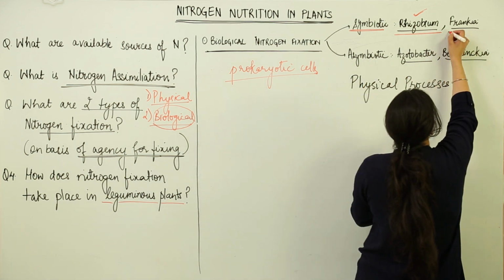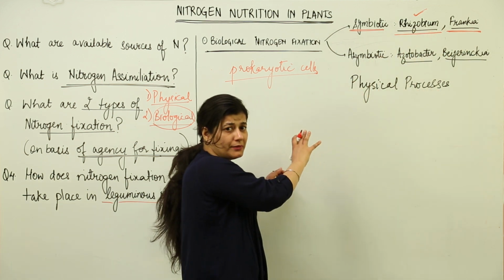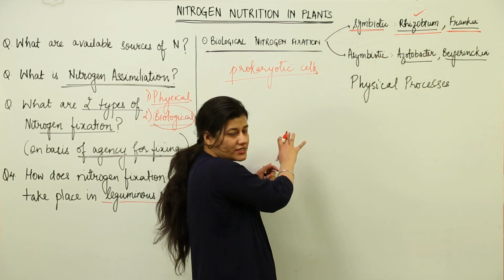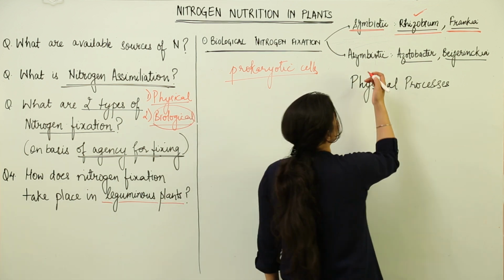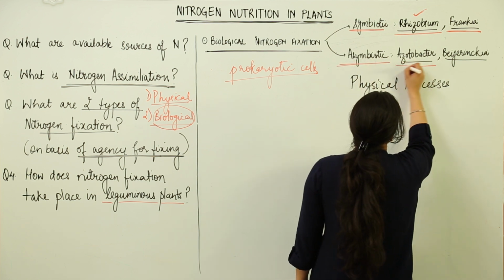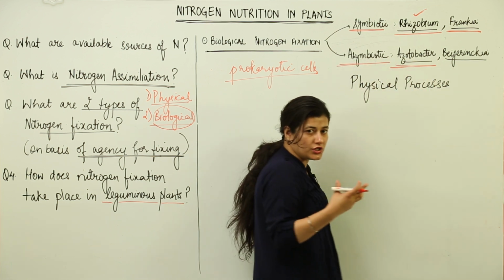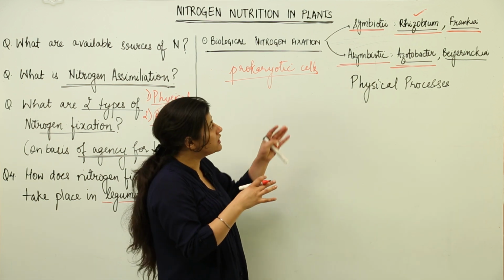Apart from this, there is another genus, Frankia, which also forms nodules in the plant, symbiotically associated with the roots, and they help in nitrogen fixation. There are certain bacteria which are not in a symbiotic relationship, like Azotobacter. They convert the nitrogen into ammonia without getting associated with the plant roots.